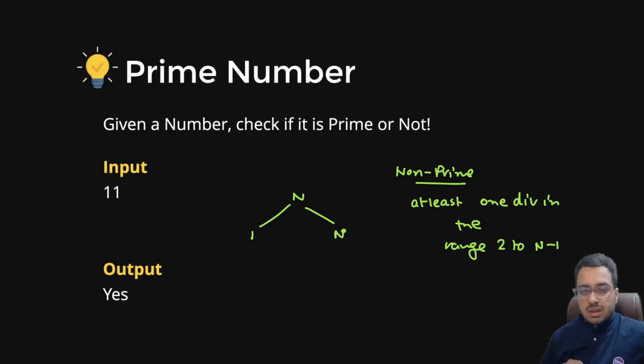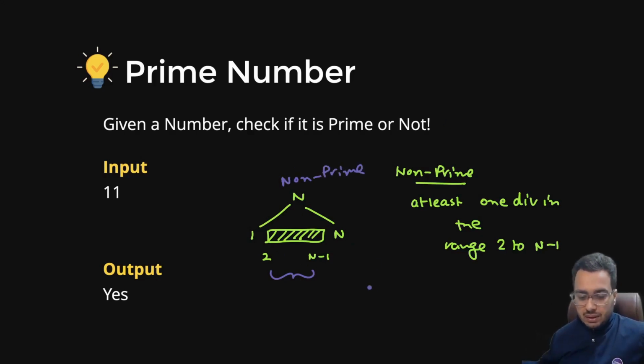They divide prime numbers, they also divide non-prime numbers. But if you find at least one divisor in the range starting from 2 up to n minus 1, then you can say that this number is a non-prime number.